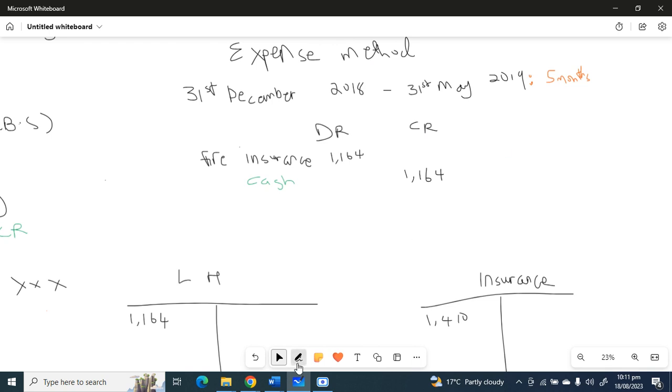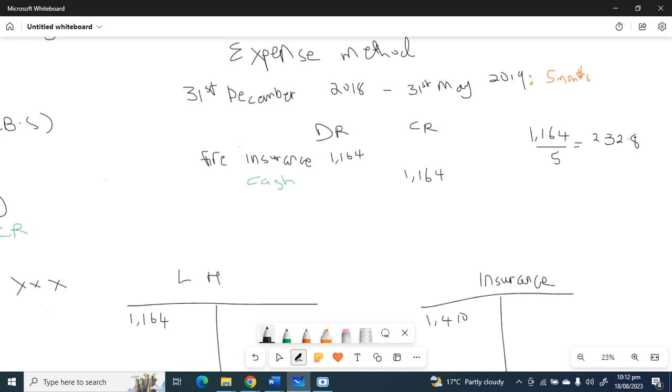So to get the monthly expense, what is 1164 divided by 5? 232.8. So this is the monthly charge for each month.